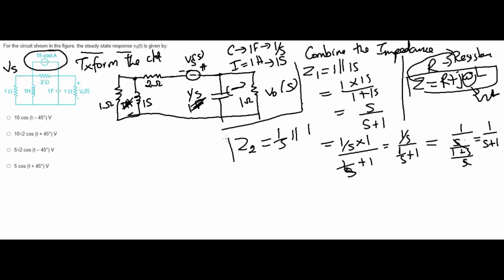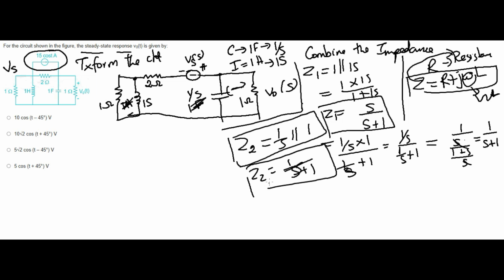Now I have the value of Z1 and the value of Z2, which is 1 by S plus 1. With these two values, expression number 1 and expression number 2, I'm going to draw the new circuit.